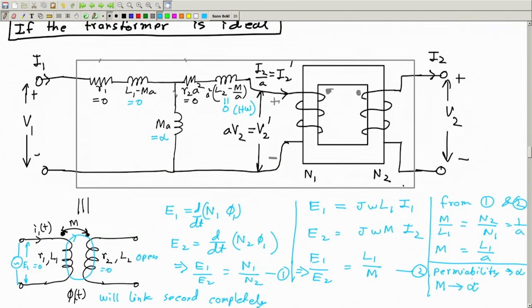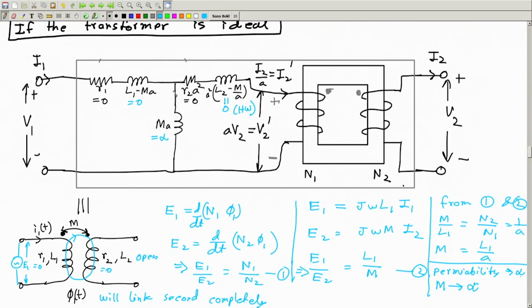Why? Because more permeability means more flux, okay, more flux with less current. Now, more flux means there will be more EMF. So that means with less current we will have more EMF. So of course the impedance will be high. Impedance is proportional to M, so M will be high.